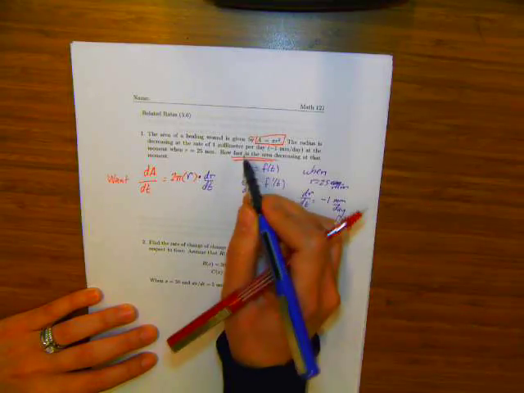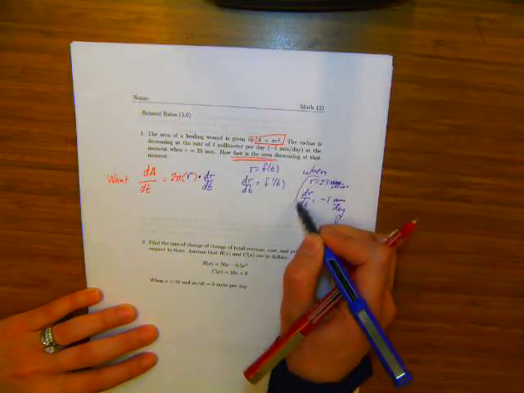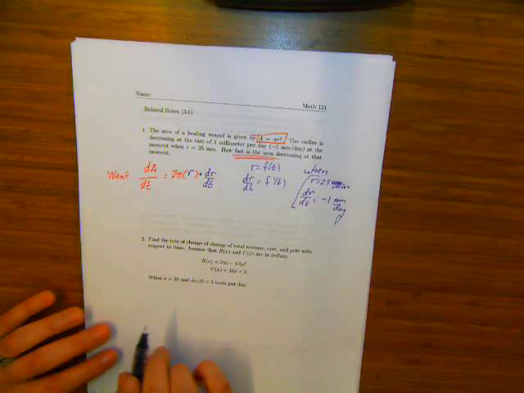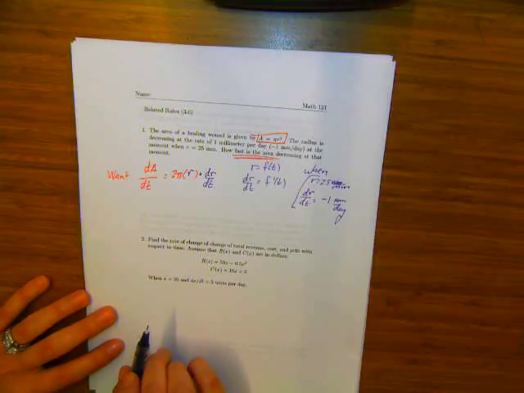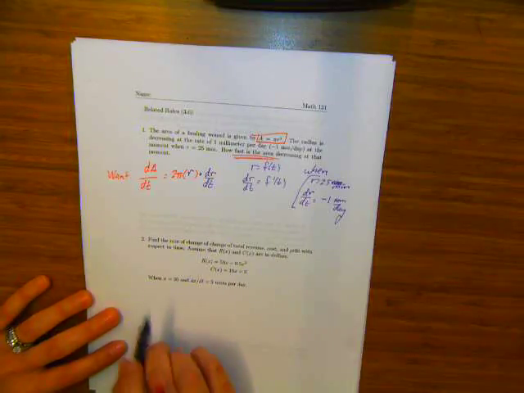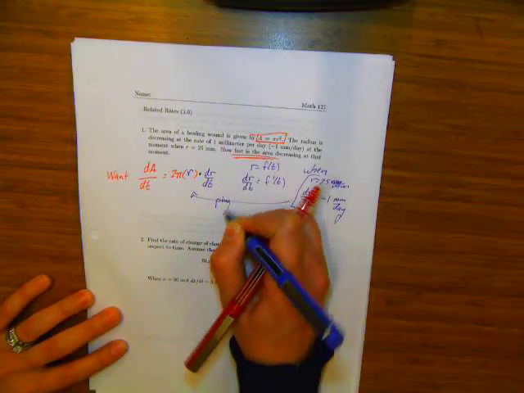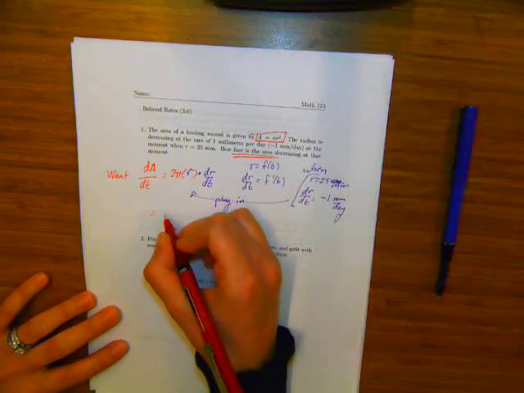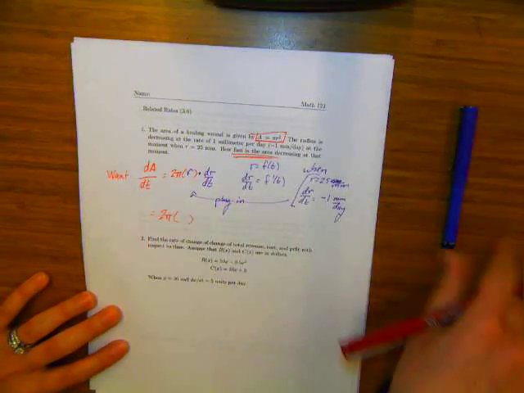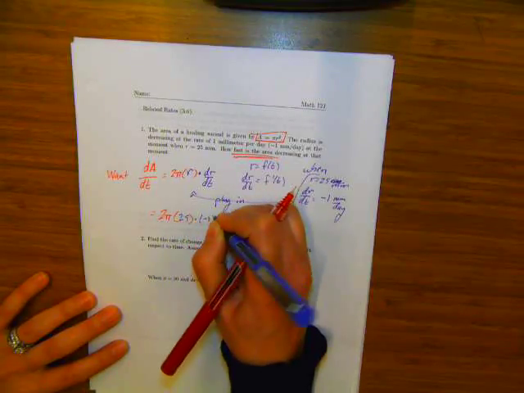And then I want to know what is the dA dt at this point in time when this is happening. So what would you just do with that information? Just plug it in. Okay, so you'll get 2 pi times 25, and then it's minus 1.